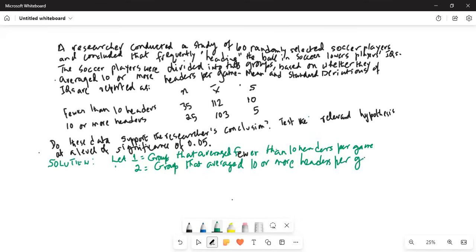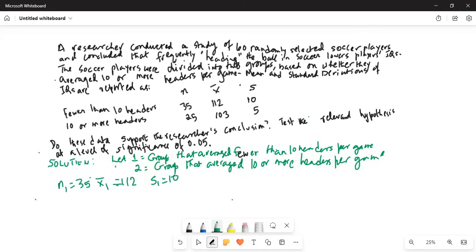Okay. So the information we have been given is n1 is equal to 35, x1 bar, the sample average IQ, is 112, and s1 is equal to 10.